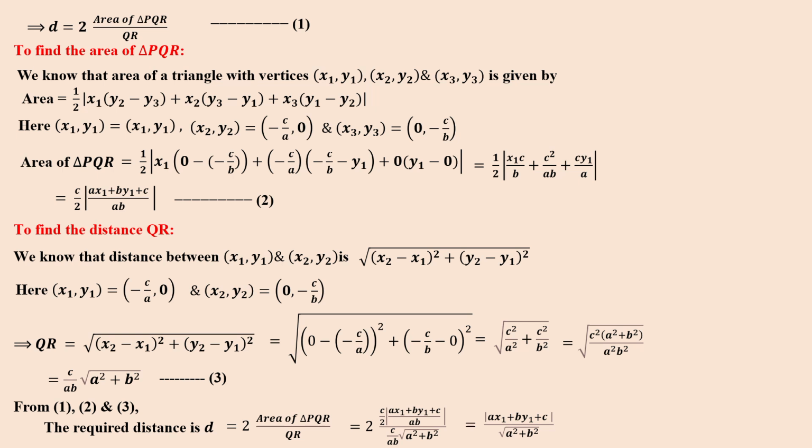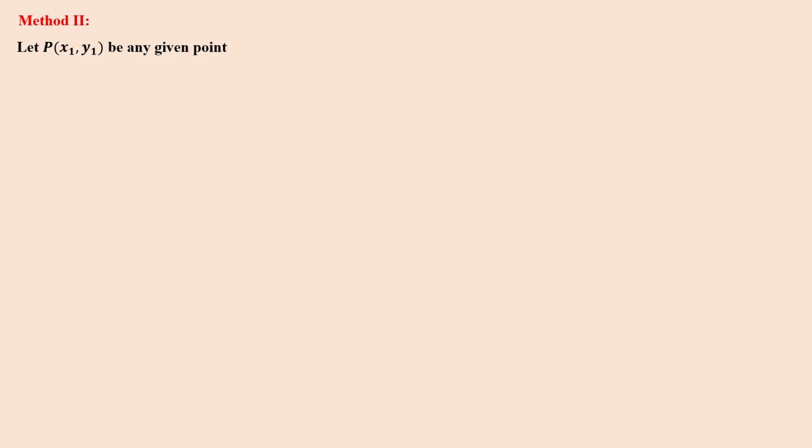So next method, let P x1 y1 be any given point, AB be the line AX plus BY plus C equal to 0, right? So AB can be written as AX plus BY equal to minus C, that is equation 1.